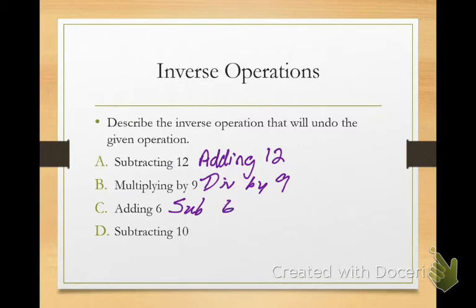Subtracting. What's the opposite of subtracting 10? Adding 10. It's just trying to drive home that point of inverse operations. We will do the most complex and complicated equations, and it comes down to that concept. If you understand inverse operations and those steps, you should be able to solve even the most complicated ones.